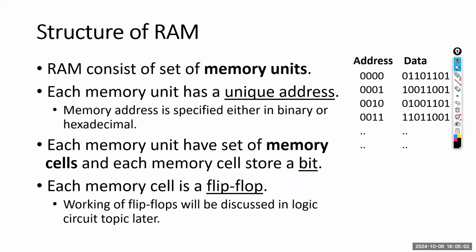Okay. So you can think of memory as a set of addresses and binary content. Each address can keep, say, 1 byte of data, and each data unit is a flip-flop or latch. We will look at what a flip-flop or latch is when we do the fourth topic, data processing.